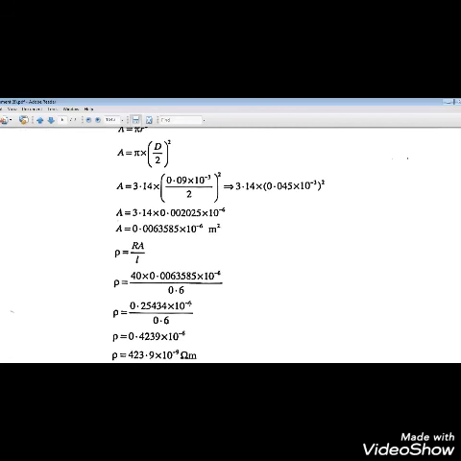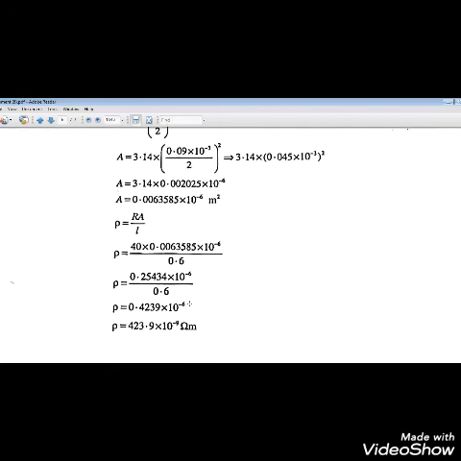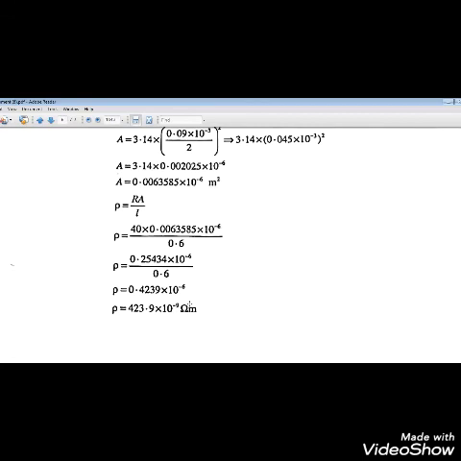Then according to the definition, rho is equal to RA divided by L. Here A is the area of cross section, which is found to be 0.006385 into 10 to the power of minus 6. Then substitute the value R, that is 40, into A, which we just calculated, 0.006385 into 10 to the power of minus 6, whole divided by 0.6.